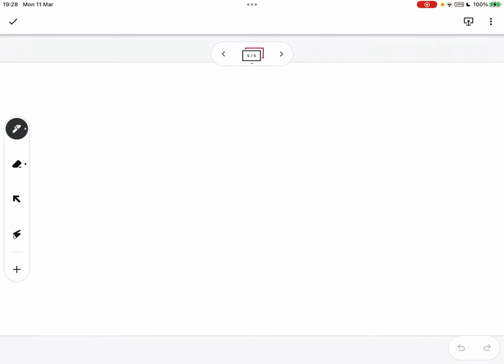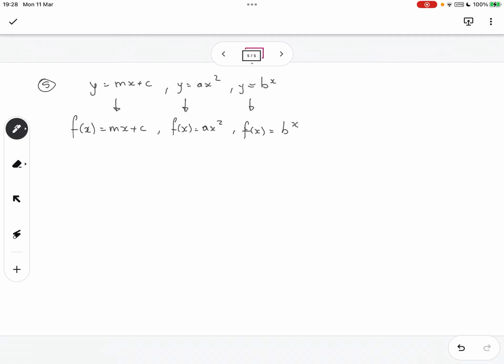Now there's something that we need to also be familiar with. When we write functions like y equals mx plus c, y equals ax squared, or y equals b to power x, we normally write them in the following format: f of x equals mx plus c, f of x equals ax squared, or f of x equals b to power x.